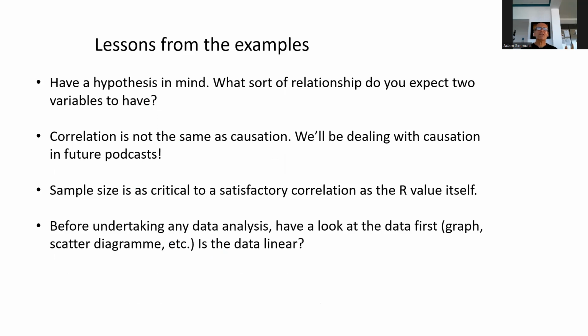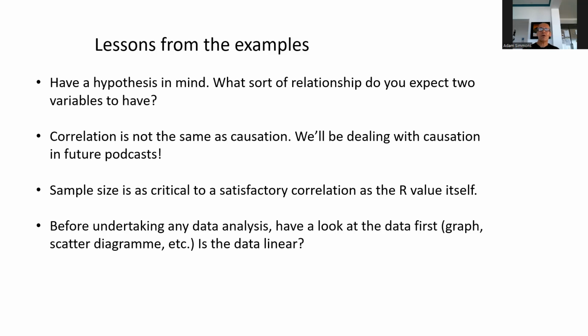So what can we actually draw from these lessons which I've presented in this short video? First of all, I've found it useful to have some sort of hypothesis in mind. I'm not suggesting a formal hypothesis, but just have some idea of how you expect the relationship to be. For example, if we look at crop yields and weather, you generally expect if the weather is good, yields will be higher.